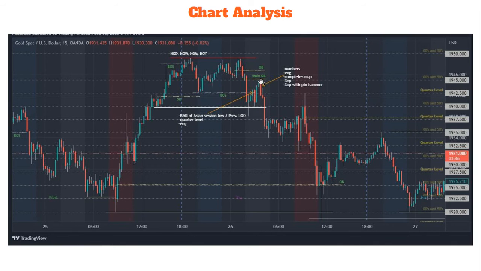And then we have price right here rejecting off of the 1945 price level, a bearish engulfing candle, completes an M pattern. You can definitely see this M pattern if you check your line chart. And then we have a 3CP and a 3CP with the pin bar afterwards. So I have more than enough confirmations for sells. And as you can see, price then continued to go lower and lower.